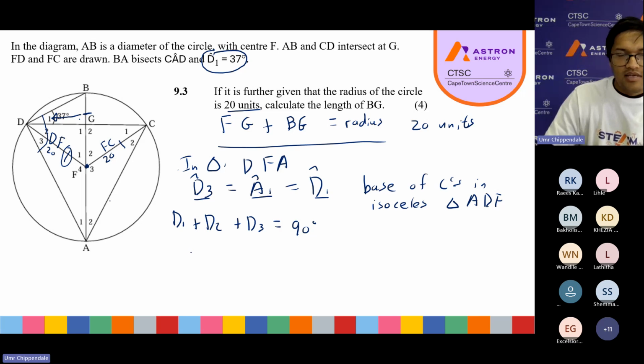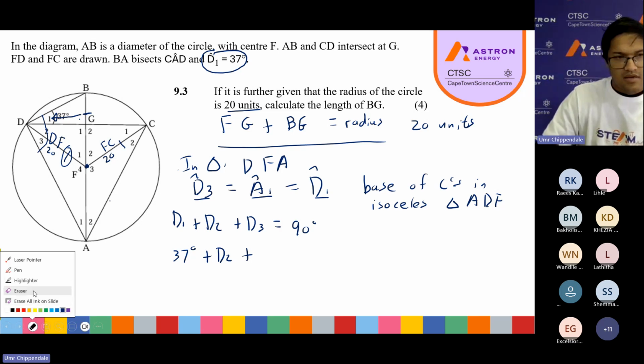Now we replace everything that we know over here. We said D3, A1, and D1. A1 is not in here. So that is 37 degrees plus our D2 plus our D3. D3, let's take this away. D3 is also this part over here. Remember, 20 is just the radius. We're looking at the angle. So that is also 37.